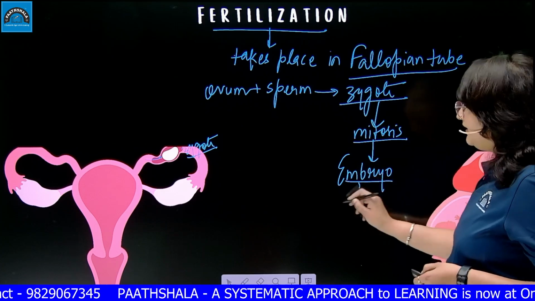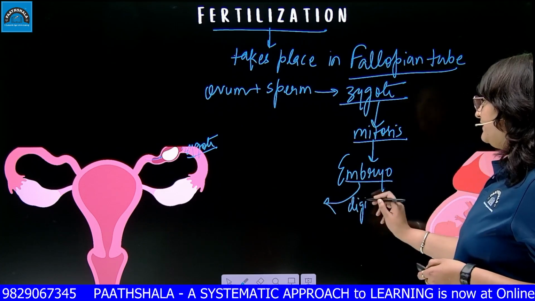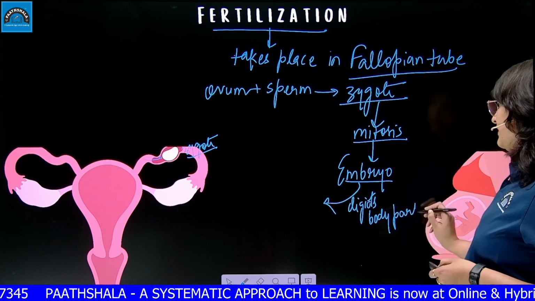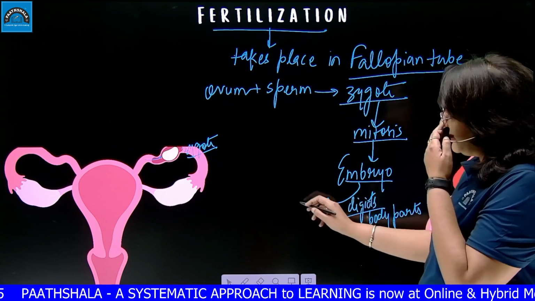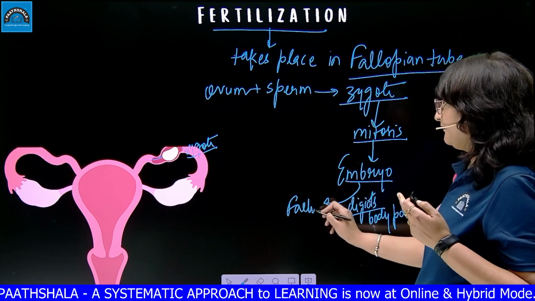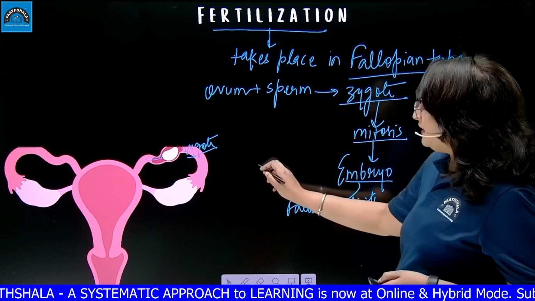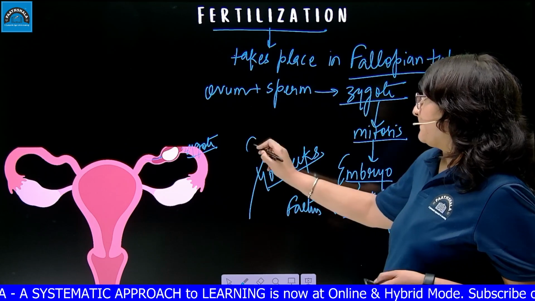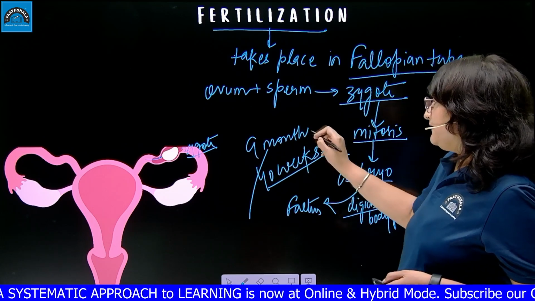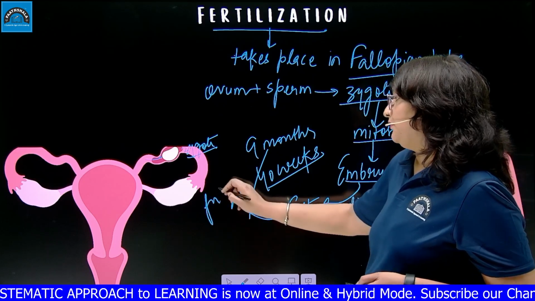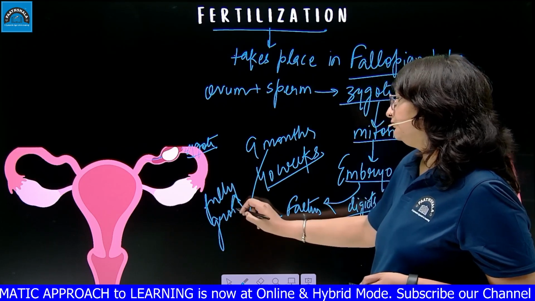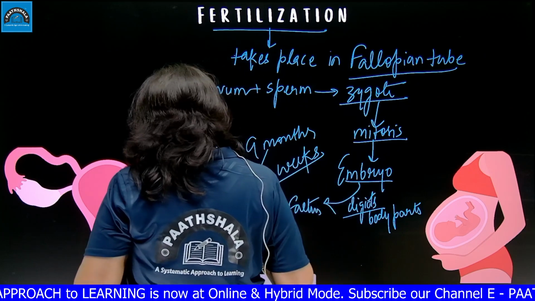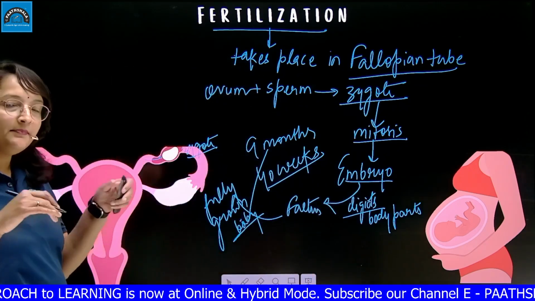Now this embryo will develop fingers, body parts, and when all these fingers, body parts and head are differentiated, we start calling it a fetus, right? And after 40 weeks, or we say 9 months, this fetus will develop into a fully grown baby, and this baby will be delivered out from the birth canal.